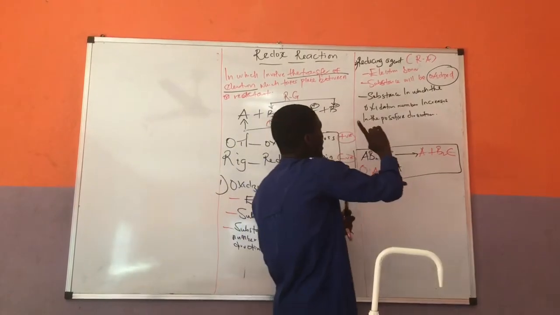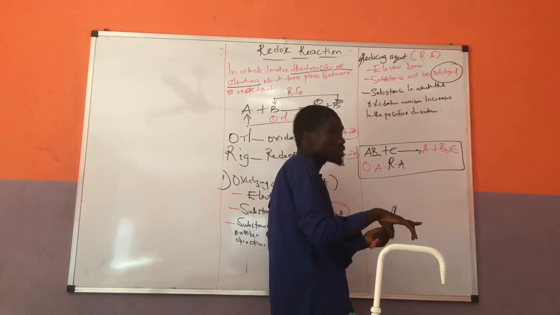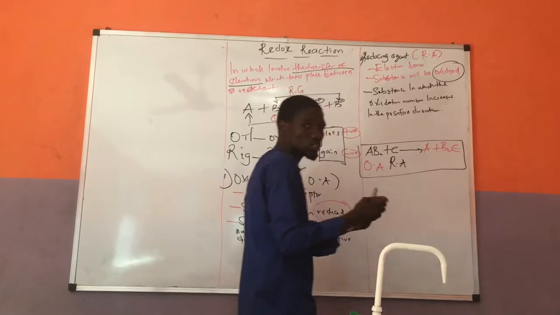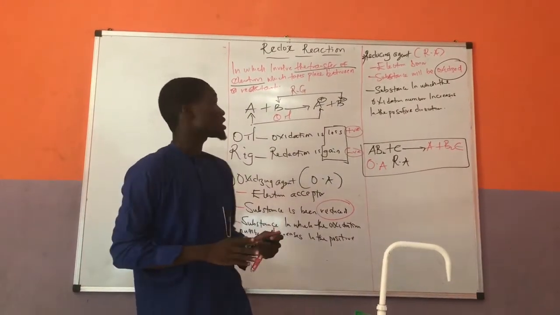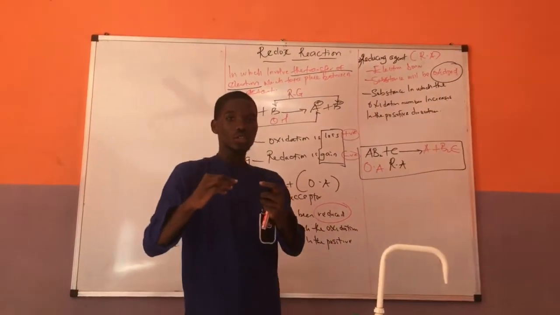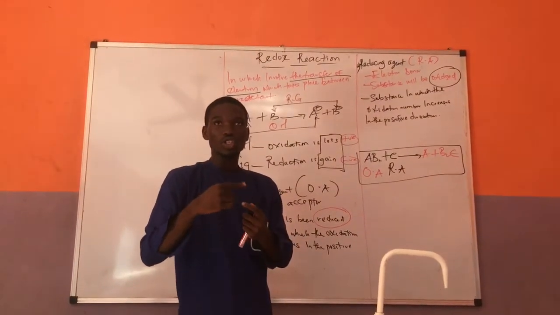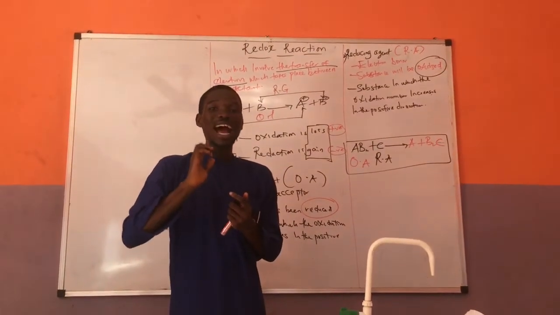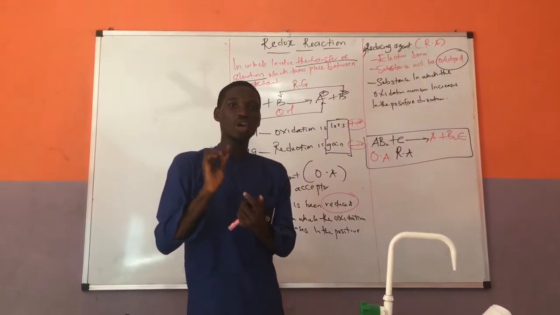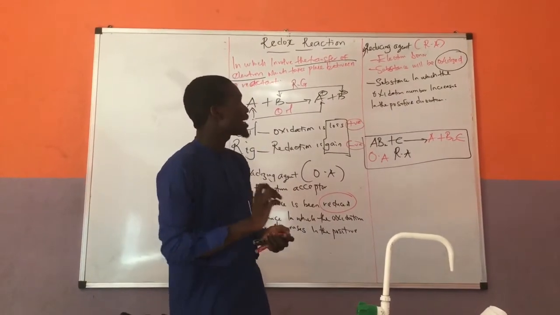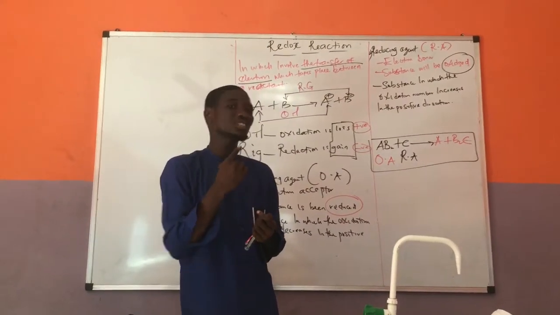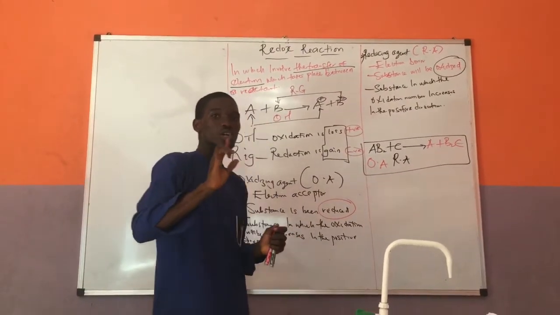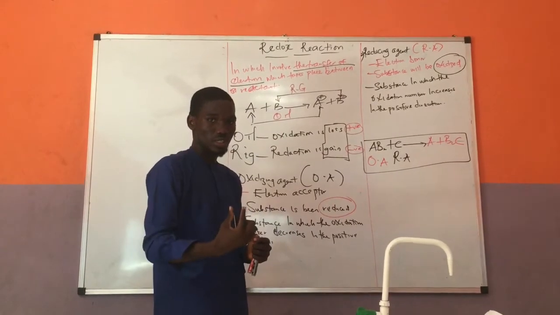While for the reducing agent, there is electron donor, whereas we also have where a substance is being oxidized. One thing we should note about this oxidizing and reducing agent is that it does not mean, from the word oxidize, that the substance should be the one that will oxidize. No. The substance which is an oxidizing agent means that the substance is being reduced, while the one that acts as a reducing agent, it is being what? Oxidized. So that is why we have what we call the oxidant and the reductant.